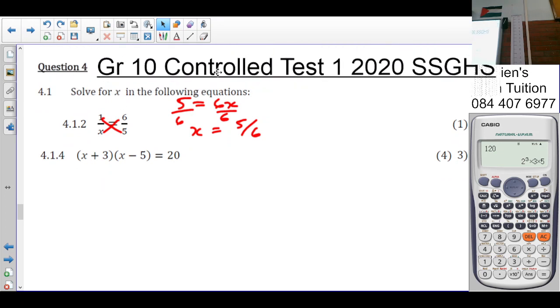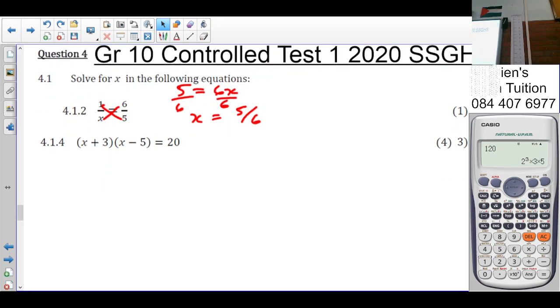People, the next question. What are we going to do first here? Multiply, get rid of the bracket. Why? Because that must be equal to 0 to apply the 0 factor rule.